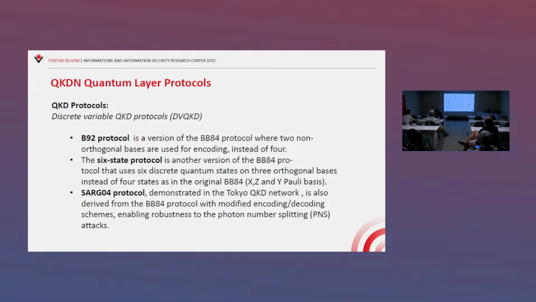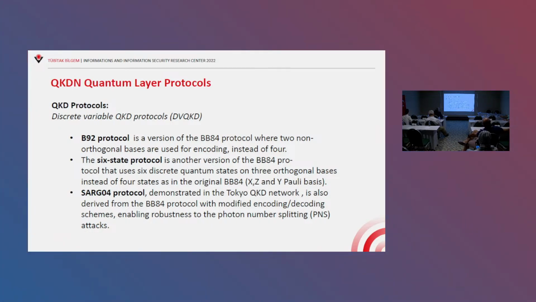I'm not going to go into the details, but these are all variations of BB84, the different DV QKD, discrete valued QKD protocols. For instance, the B92 version of the BB84 protocol, instead of four, uses two non-orthogonal bases.